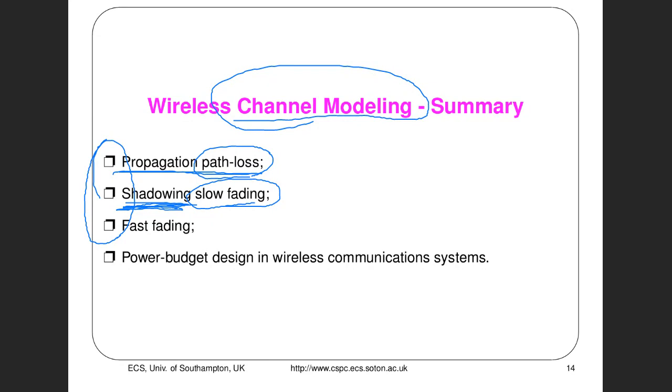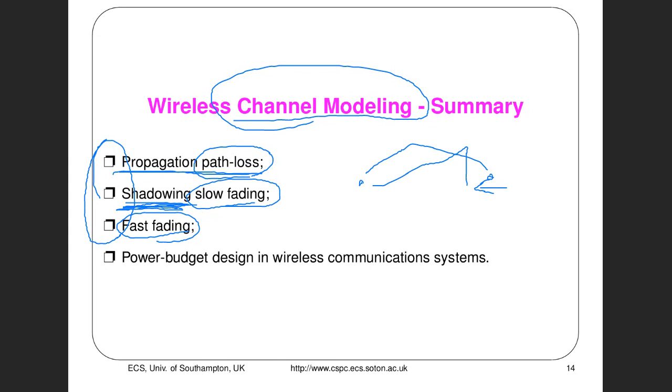Okay, and then fast fading. Sometimes many people also call it small scale fading. So it happens when, for example, you have a transmitter, you have a receiver. Either the transmitter or the receiver is moving, or when you have signal transmission and you have reflections, right?